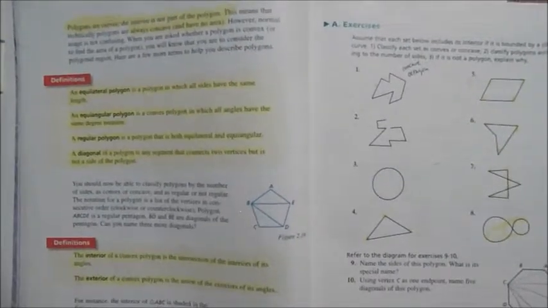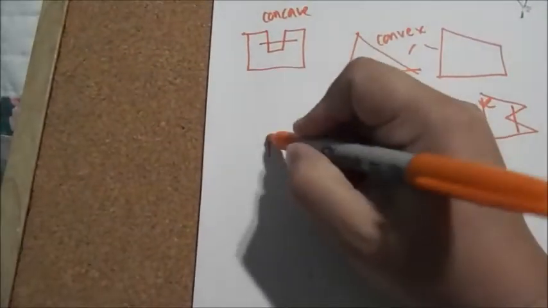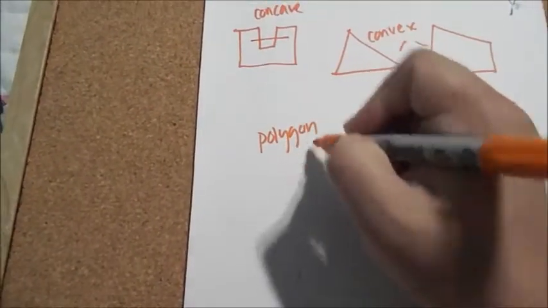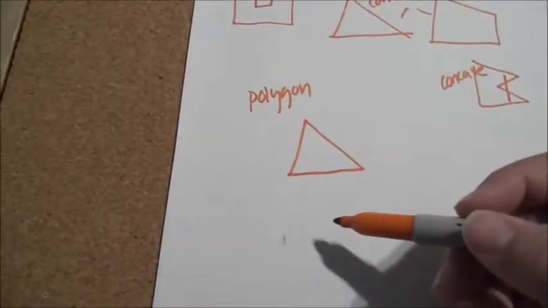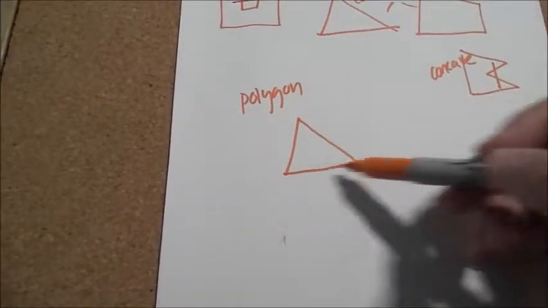Alright, so then we have the top part that's highlighted says polygons are curves. The interior is not part of the polygon. So let me talk about that for a second. Let me do a simple triangle. The polygon is this part itself.